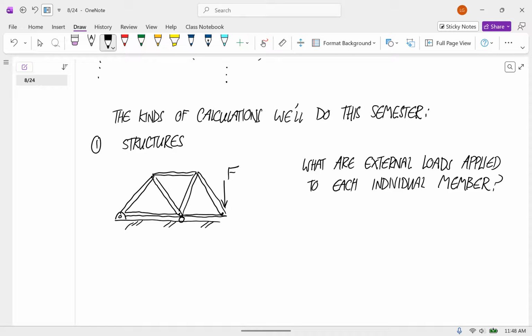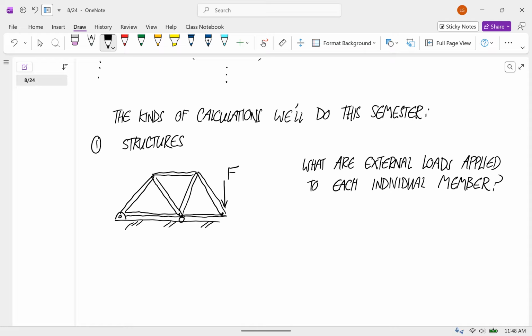By the way, if you took any of these constraints away, one thing you could do is say that this part of the floor disappeared and this roller was taken away here. Now it wouldn't be static anymore.